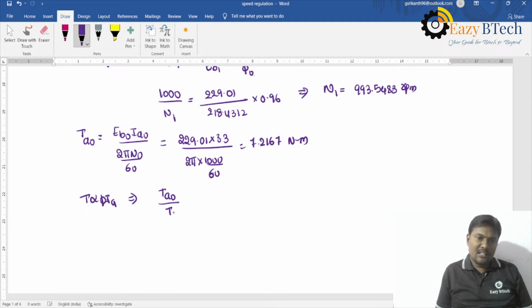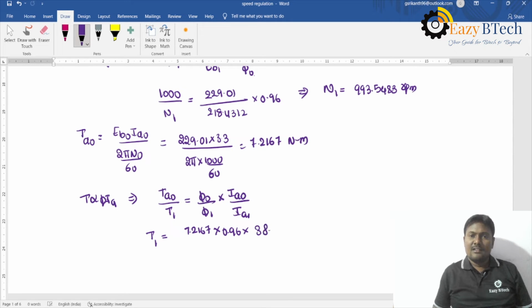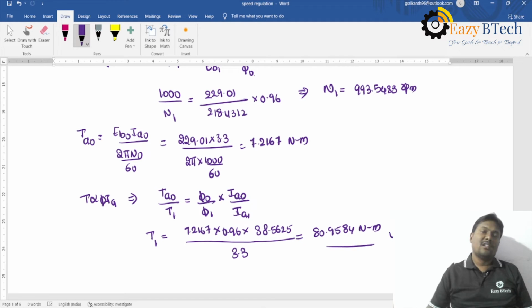TA naught by T1 is equal to phi naught by phi1 into IA naught divided by IA1. T1 is equal to 7.2167 into 0.96 into 38.5625 divided by 3.33, then you will get 80.9584 Newton meter. So this is the final answer.